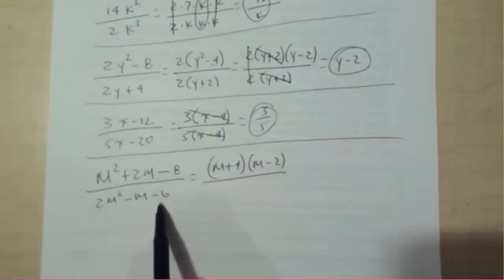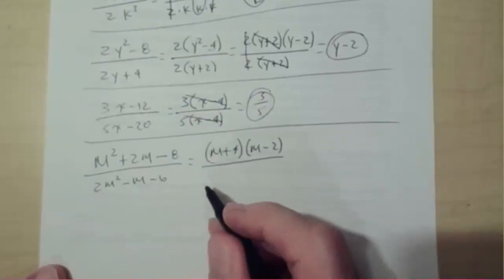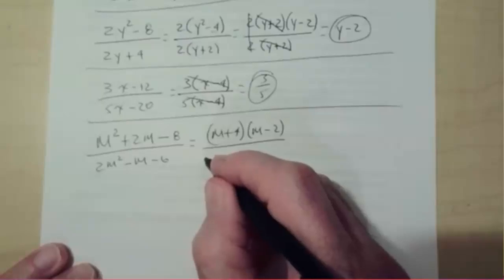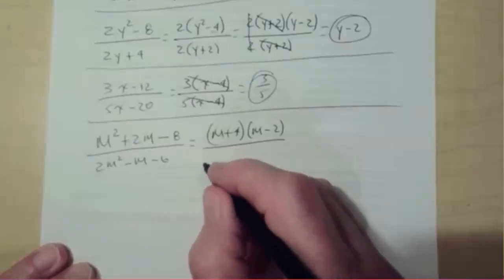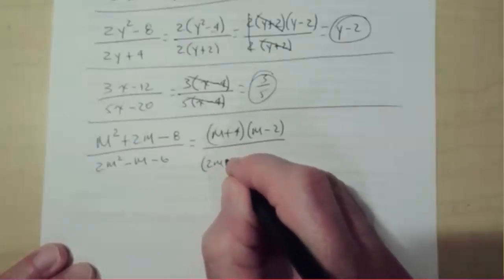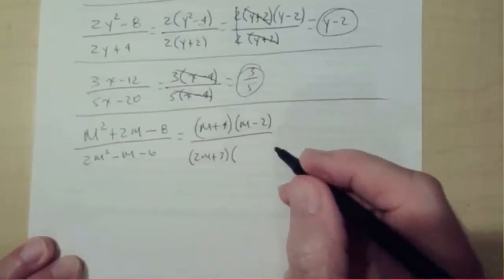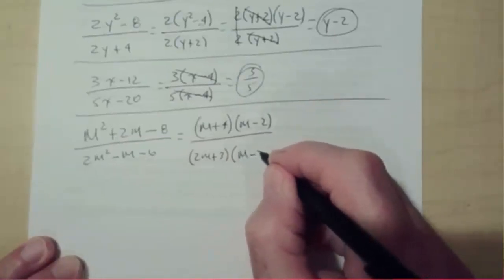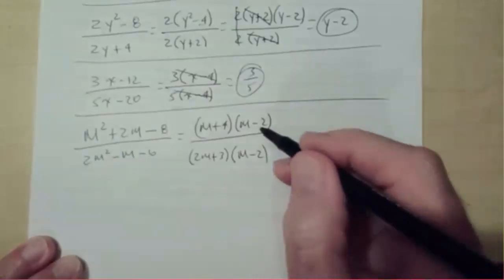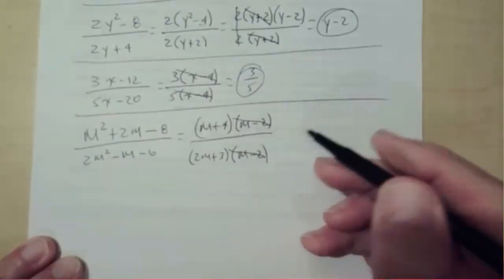take 2 times negative 6, which is negative 12. And what are the factors of negative 12? Well, you can factor that one on your own. I'll tell you, it's going to come out to 2m plus 3 and m minus 2. The m minus 2's cancel.